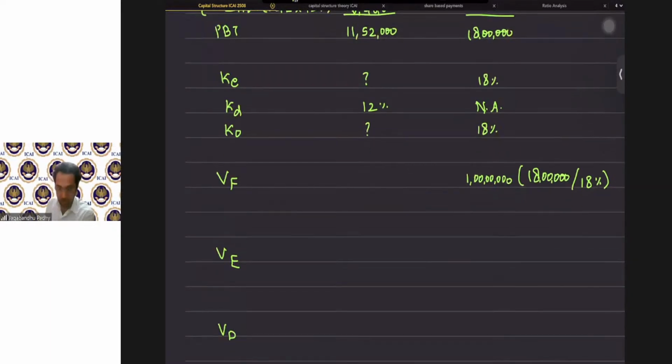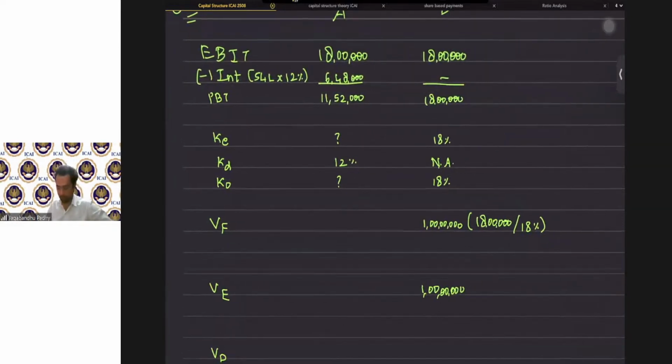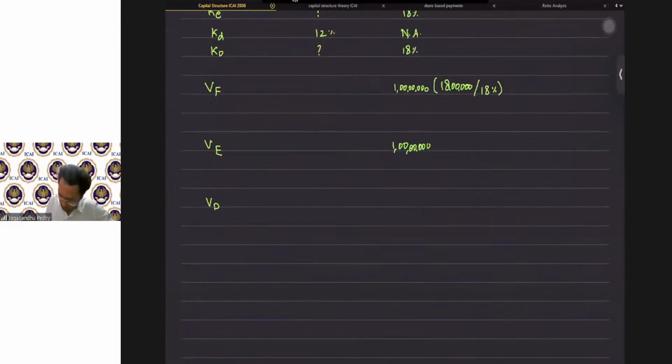Then, of course, the value of equity will be the same 1 crore even for B. And there's no value of debt in this case, right? We have the value of debt as 54 lakh for A Limited.